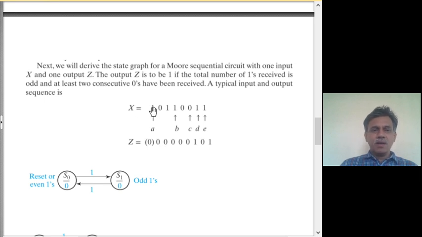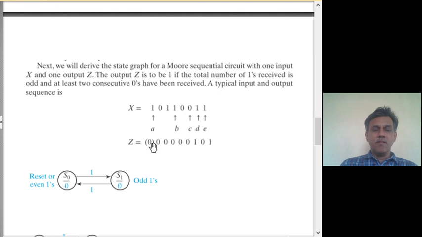We will use a Moore machine approach to design it. So the output corresponding to this bit received will be given out of the Moore machine only in the next clock period, because the output will not be a function of the current input, it will be only a function of state.